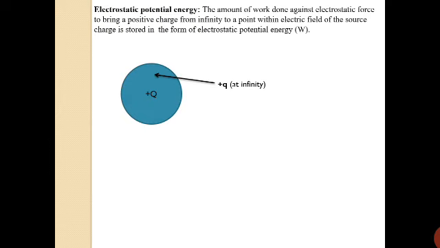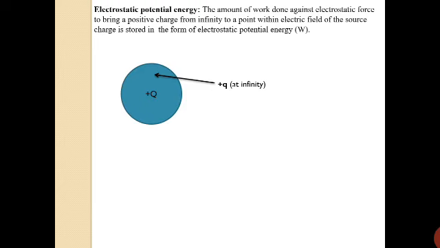Simple. Now once this small charge moves into the electric field of the main charge, capital Q, then it will start getting force. And if we try to move this charge towards the main charge, then we need to go against the electrostatic force given by the main charge.